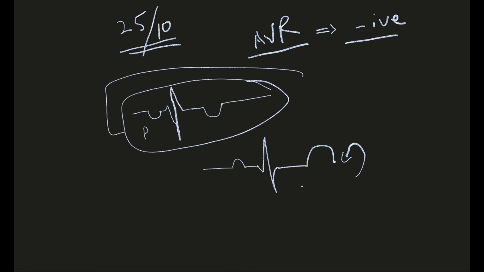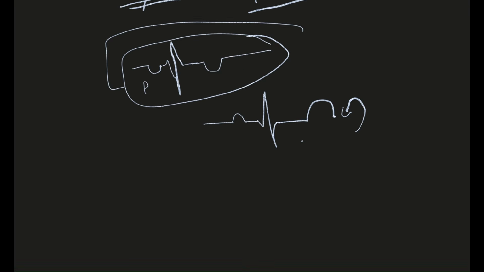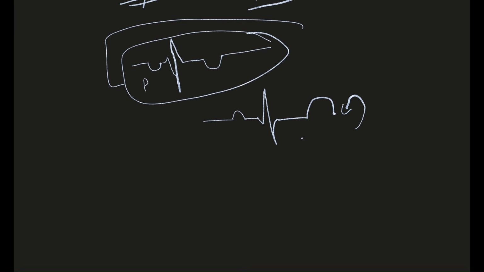Now, what I'm going to tell you is a bonus point and it is the most beautiful point of the ECG. Just remember that you will always find negative P wave, negative T wave in this negative wave pattern in AVR.